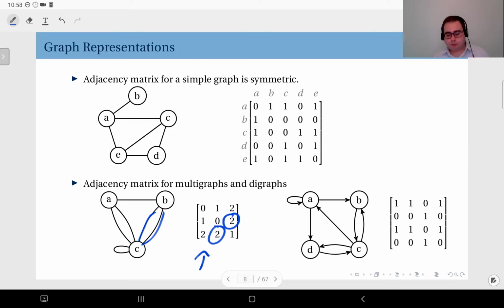But when it comes to digraphs, the matrix no longer needs to be symmetric because now the direction matters. For instance, I have an edge from A to B. Therefore, I have a 1 here, but I do not have an edge from B to A. Therefore, you see a 0 here. Okay. Well, obviously, if you have loops, you would have a 1 on the diagonal.